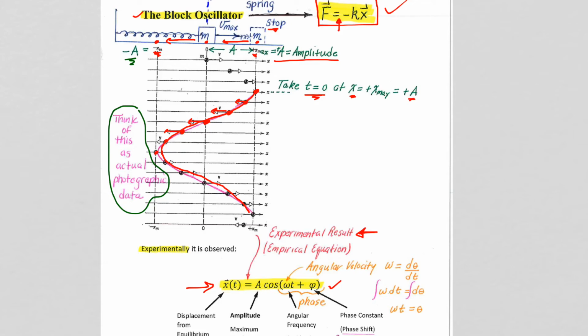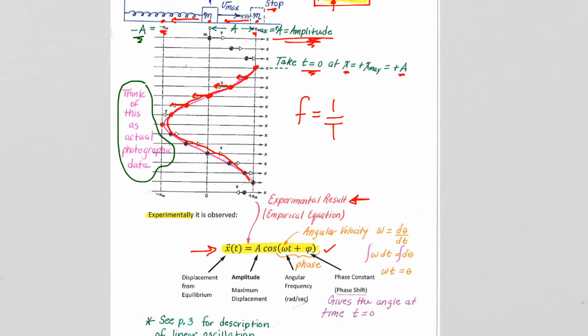Same amplitude, same pitch. We don't really use pitch for a block oscillator, it's more for sound, but pitch is frequency. The frequency of the oscillation, remember, is 1 on the period. So the amplitude and the frequency do not change. We're in perfect harmony, simple harmonic motion.